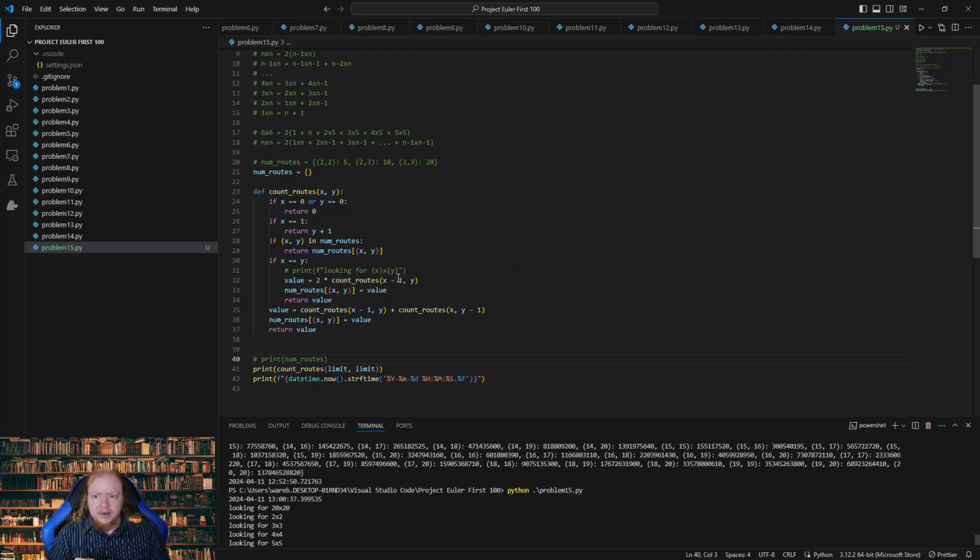So we look at 19, 20. 19, 20 comes to here and looks for both 18, 20 and 19, 19. 19, 19 comes here and looks for 18, 19, which looks for like 17, 19 and 18, 18. So effectively it just goes down to calculating this.